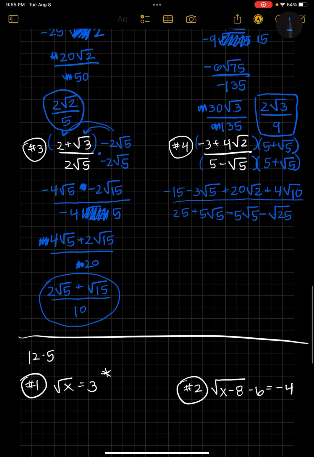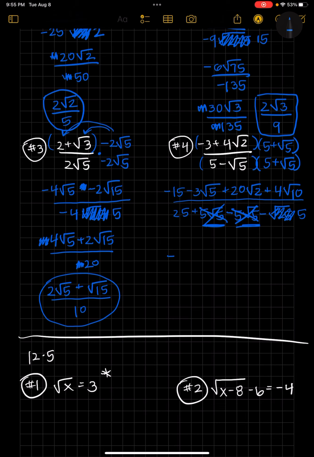On the bottom though, if you look, these middle 2 can cancel each other out because one's positive 5 root 5 and the other is negative 5 root 5. And so they cancel each other out. And then we know that the square root of 25 is 5, so I can change that to just a 5. So the bottom now is 25 minus 5, which is just 20.